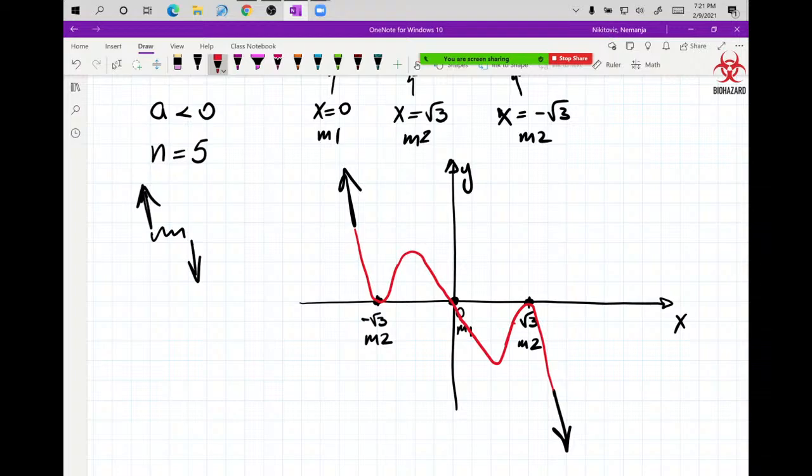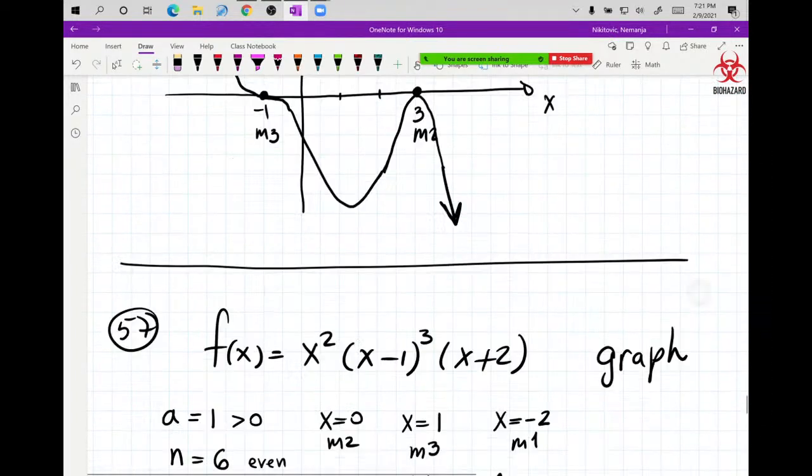Now, how tall this peak is, we'll need the calculus to figure those things out. Any other questions, concerns regarding this section? No, it's pretty straightforward. All right, awesome.